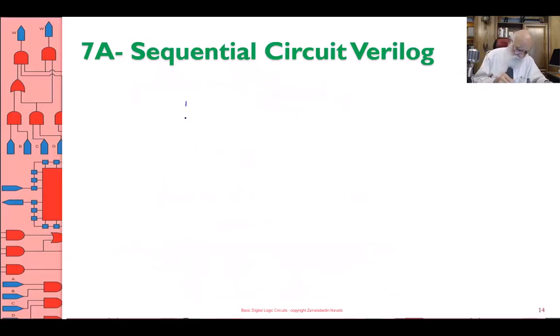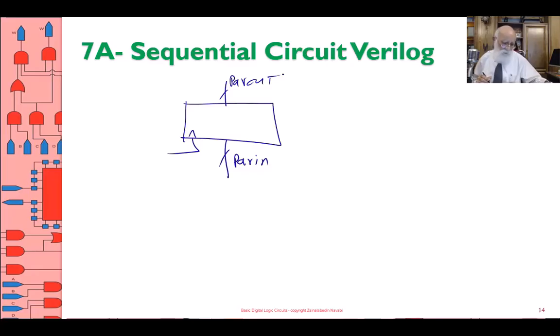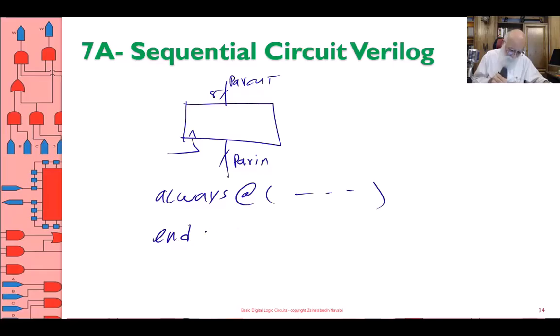And also the shift register. Remember the shift register, it has the pair in, and it has the pair out, which is the shift register output, the 8 bits. And then you have an always statement with this, with that, and then an end. And here you have your pair out set to something.